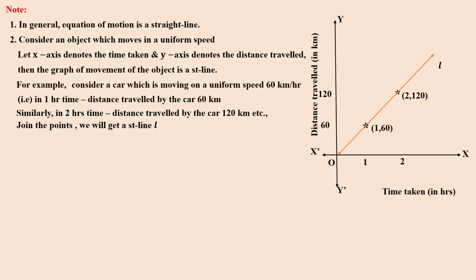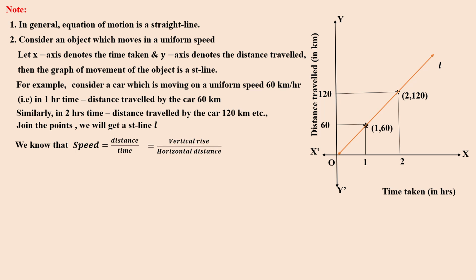That line is L. We know that speed is distance by time, correct? Speed is 60 kilometer per hour. That means 60 kilometer distance per hour time, right? So speed is distance by time. So this is distance, this is time, right? So vertical rise by horizontal distance. In vertical we are mentioning the distance, 60, 120 are vertical.